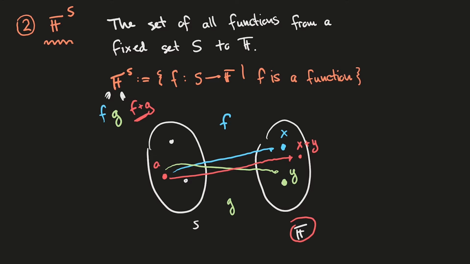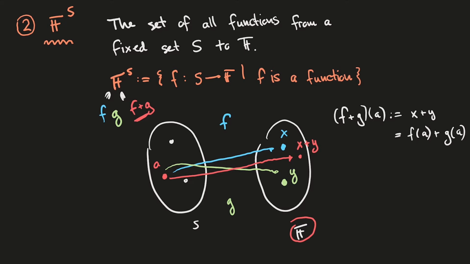If we call this red element here on the left a, we can write what we just did out in a formula. So we defined f plus g, so this is the sum function, of a, to be x plus y, and x is just the image of a under f, so x is f of a, and y is the image of a under g, so this is g of a.